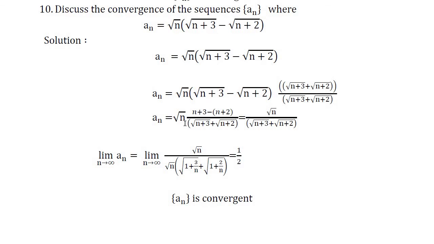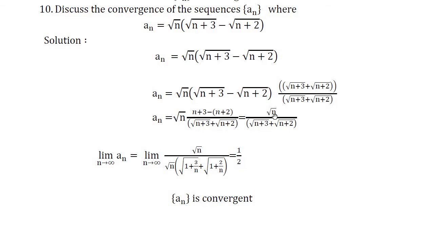Numerator, root n, write it as it is, (root of n plus 3 minus root of n plus 2) into (root of n plus 3 plus root of n plus 2) is in the form of (a minus b) into (a plus b), that becomes a square minus b square, that is root of n plus 3 becomes n plus 3, minus root of n plus 2 becomes n plus 2. Plus n minus n get cancelled. 3 minus 2 is 1.